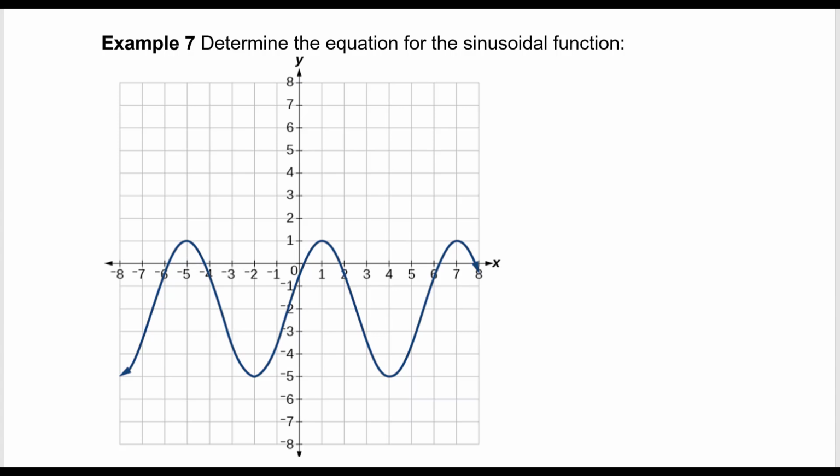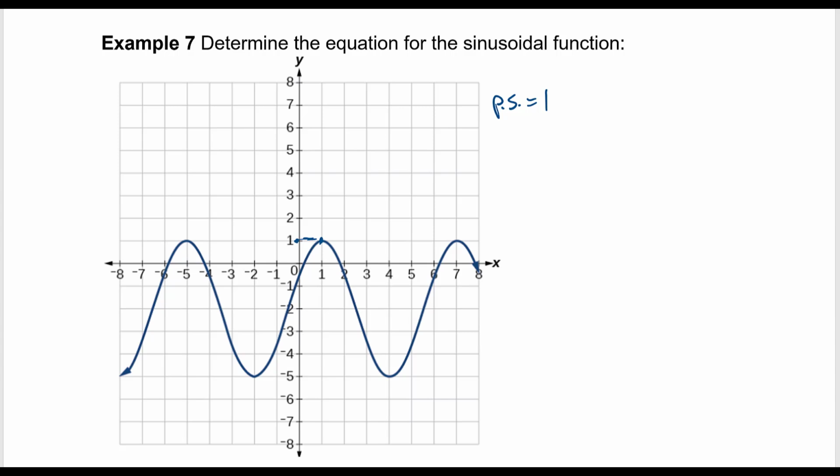I guess if we want to do a small shift, we see this peak should have been at 0, so we could look at that shift for our C. So that our phase shift is 1, and that would put us in the cosine function. You could identify it as a sine function. I'm going to go with cosine because it's a smaller shift.